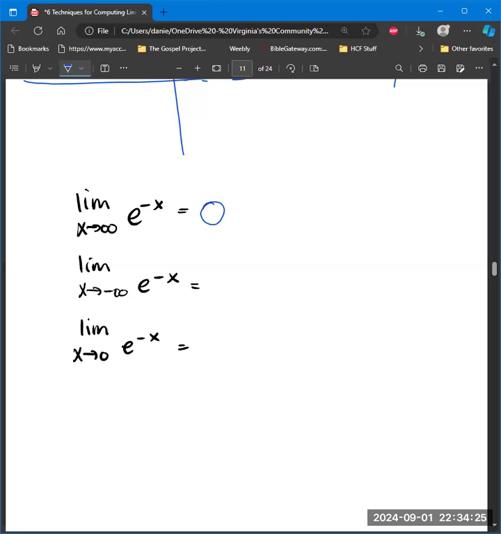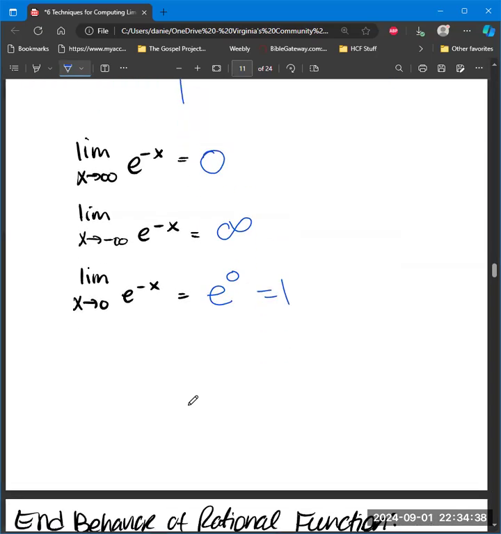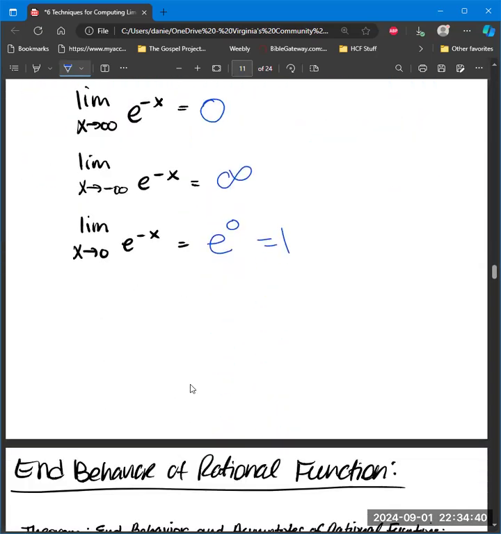The limit of e to the negative x as x goes to negative infinity is going to be positive infinity. And this is still going to be e to the negative 0, as e to the 0 is 1. So we have a reflection over the y-axis. That's what happened here.